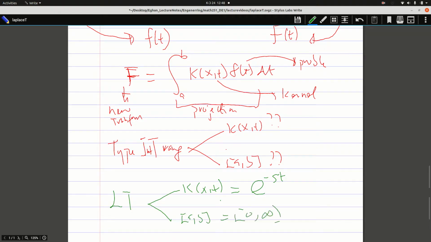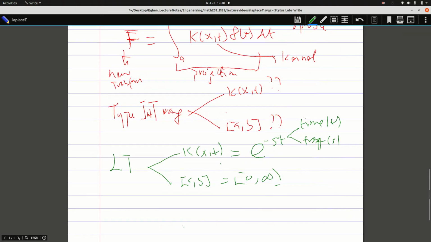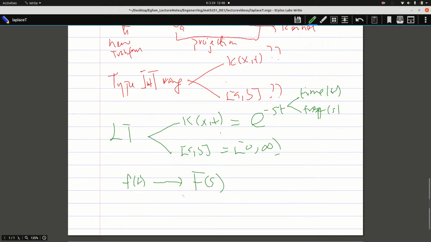t here is the time, s is the frequency domain. It means that I can express the Laplace transformation as follows. If I have a function f of t, it is giving me big F of s, from time to frequency. I can rewrite this as the Laplace transform of f of t. These are the various notations for Laplace.